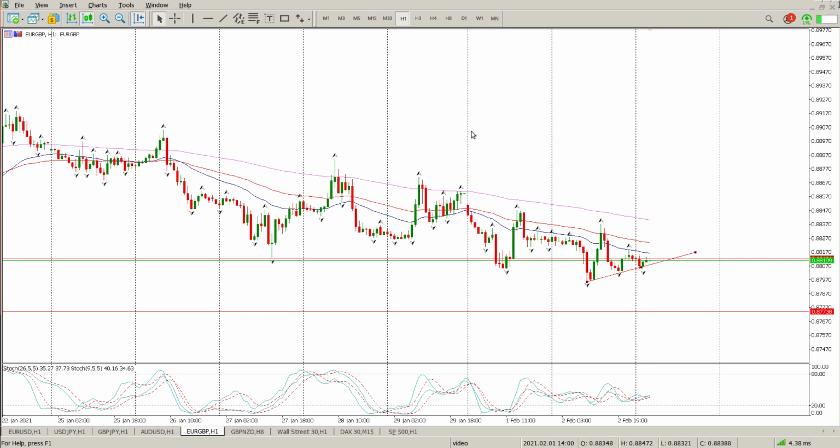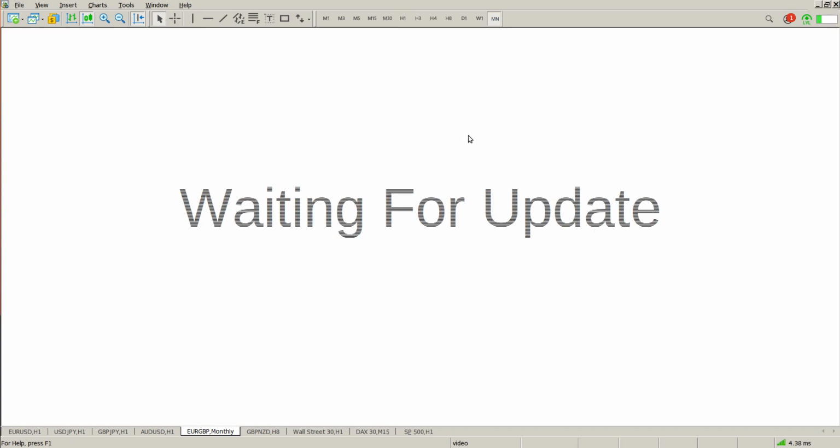And remember, this is in a massive area of resistance, or actually support at the moment, on the monthly and the weekly chart. So you just have to keep in the back of your mind that there is something happening. People are trying to buy, and everything is really slow this morning for some reason.